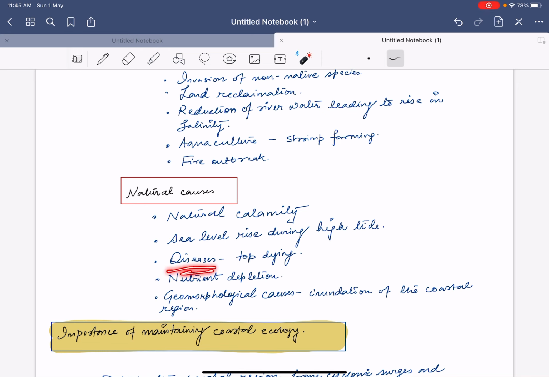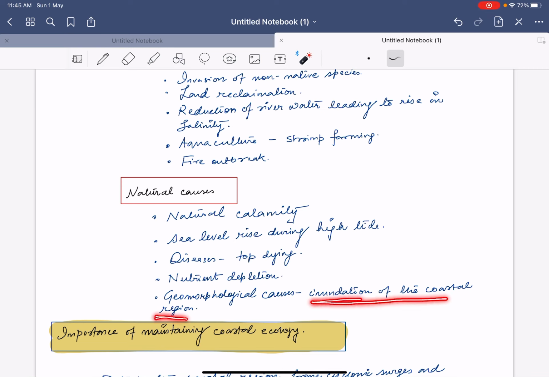Next are the diseases. Nipah is basically a mangrove tree, as is the Sundari tree. They suffer from the top dying disease, which is a disease of the mangrove trees. Then there is nutrient depletion, the loss of phosphorus, nitrogen, etc. Next, geomorphological changes, such as the inundation of the coastal region.